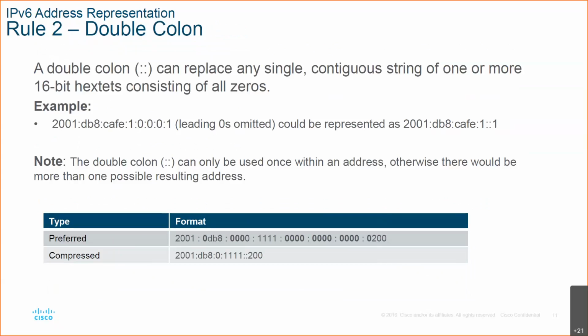The other rule is if you have got a series of zeros over here. For example, after this we have got 1 1 1 1, then we have got a series of hextets with 0 0 0. Now you can replace this with a double colon. So this can be represented, you see, after 1 1 1 1, just put a double colon and then 2 0 0.